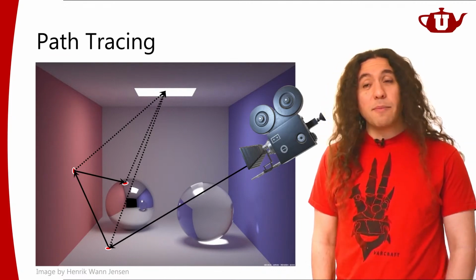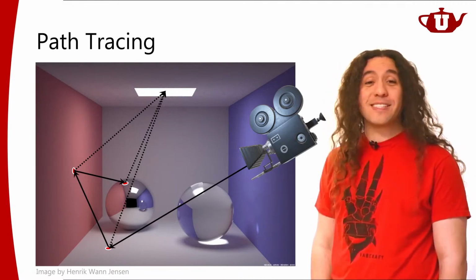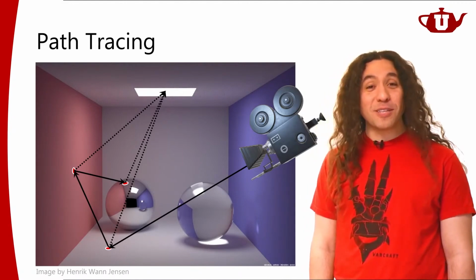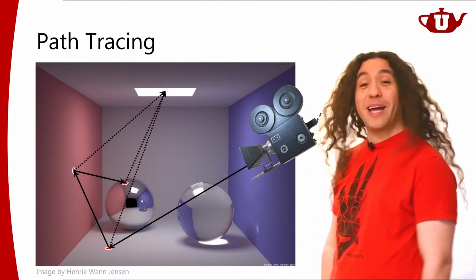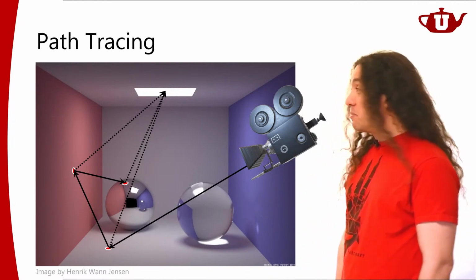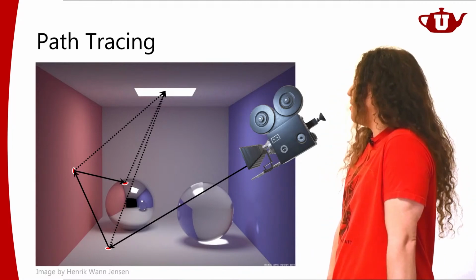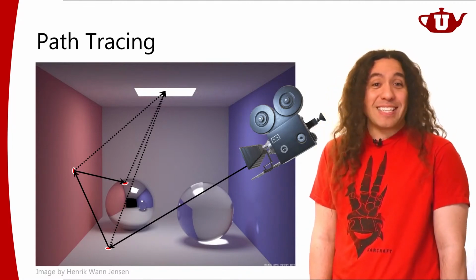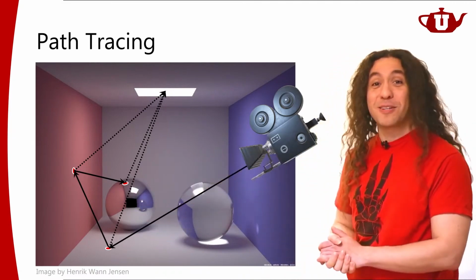Now, you can imagine that there are quite a lot of light paths in this scene. In this very simple scene, there are actually quite a lot of paths. One could say there are infinitely many paths, and one would not be wrong. So this is just randomly picking one, and then randomly picking another. How many samples do I need? This was just one light path. How many light paths do I need to consider?